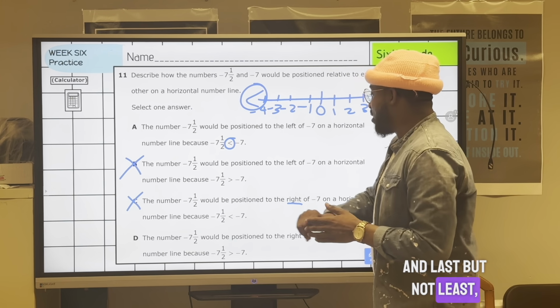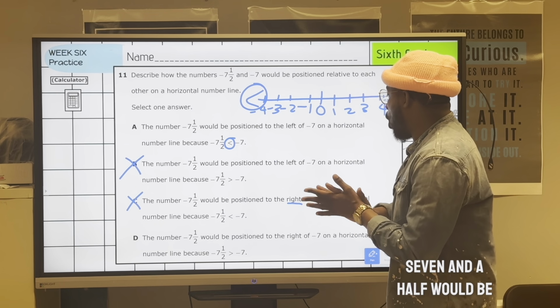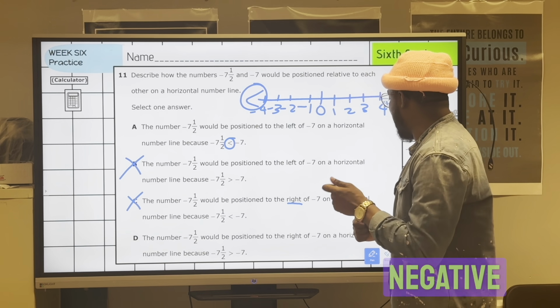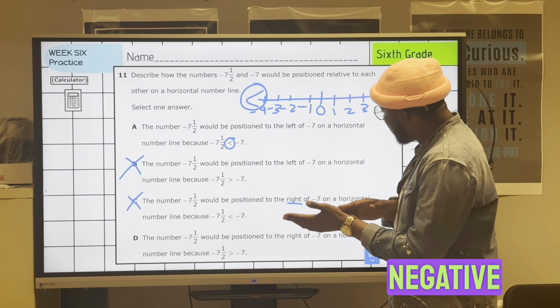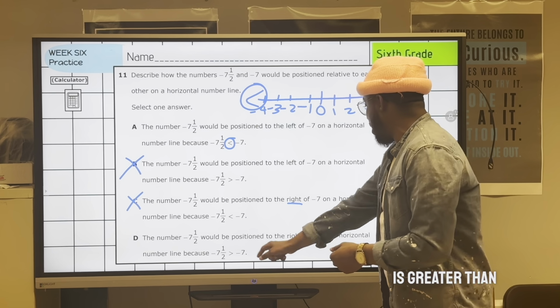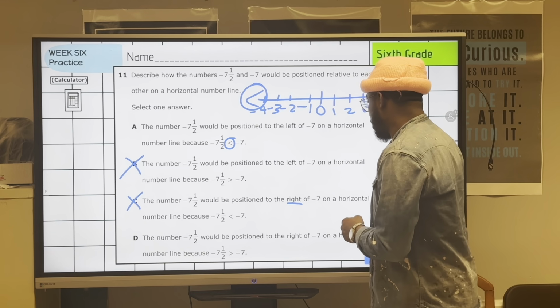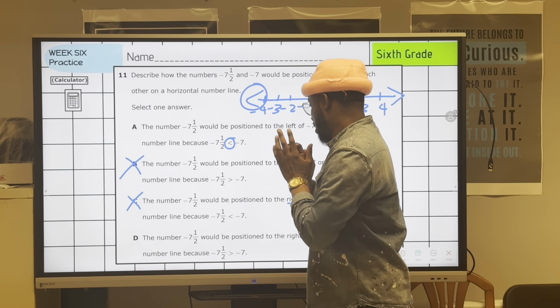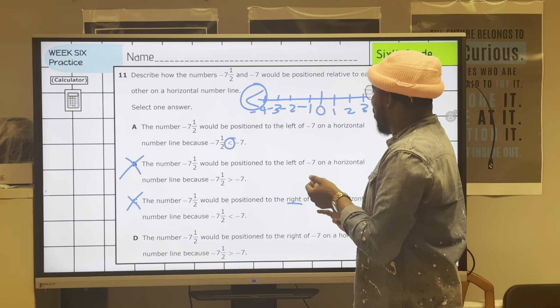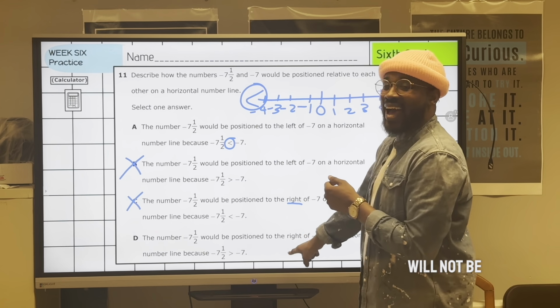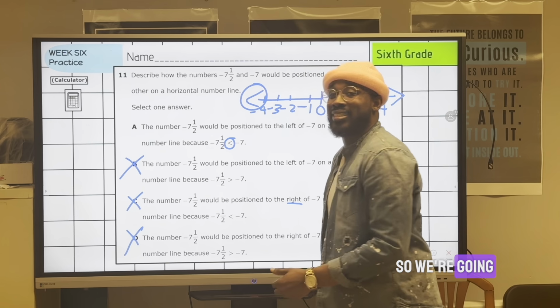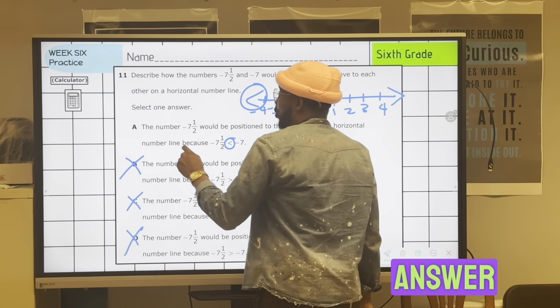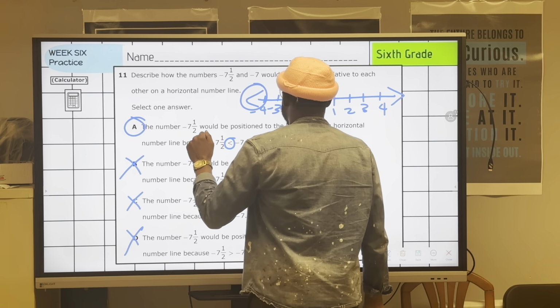And last but not least, the number -7.5 would be positioned to the right of -7 on a horizontal number line because -7.5 is greater than -7. Once again, -7.5 will not be on the right, it will be on the left. So we're going to eliminate D, and our answer is A.